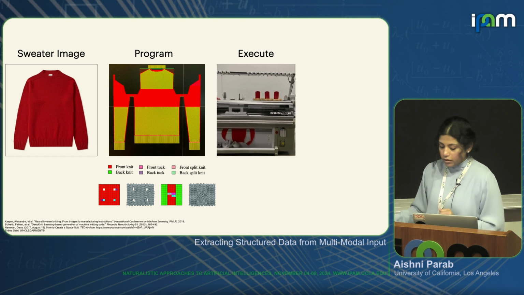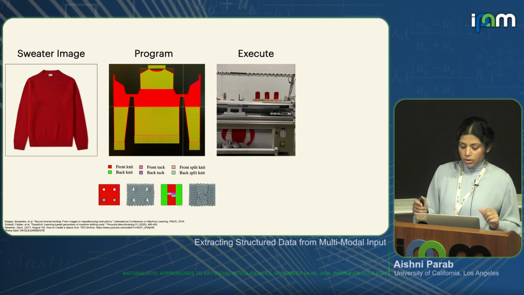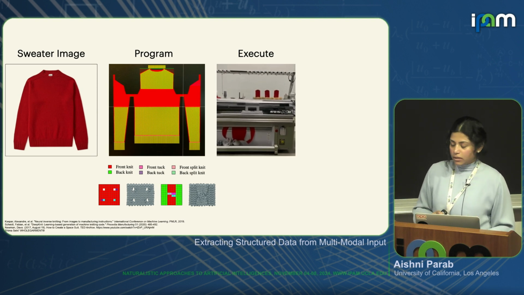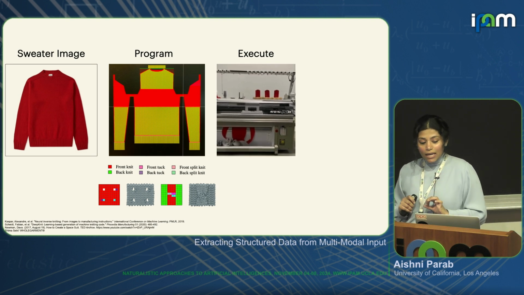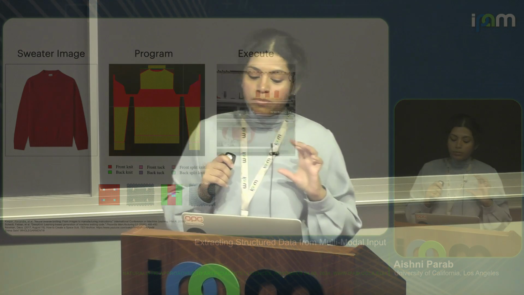So for example, the front knit and back knit stitches dictate the texture and structure, and then the tuck and split add some patterns and variation in the fabric appearance. So each stitch type acts like a building block or primitive. And by combining these primitives, we can control the overall texture and color and shape of the sweater.